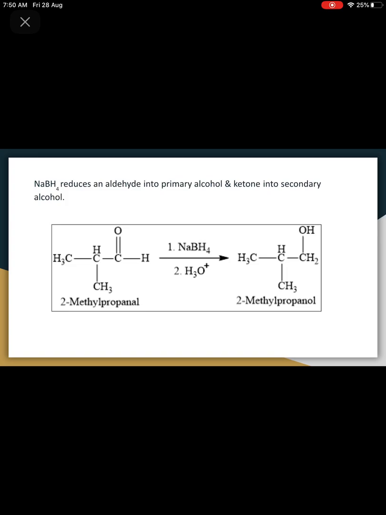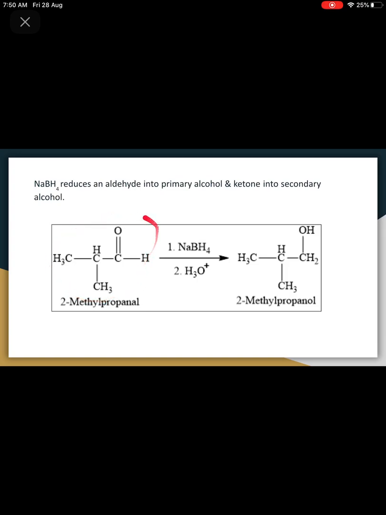NaBH4 reduces an aldehyde into primary alcohol and ketone into secondary alcohol, same as we have seen with lithium aluminum hydride. So as we can see, 2-methyl propanol.